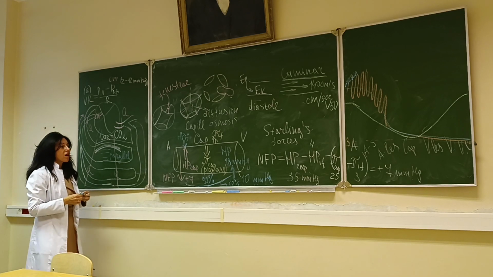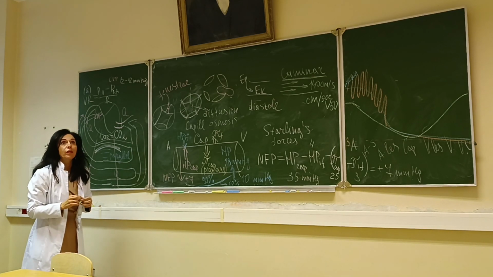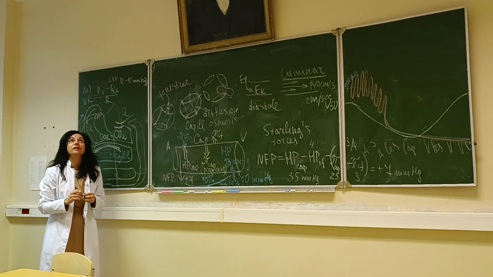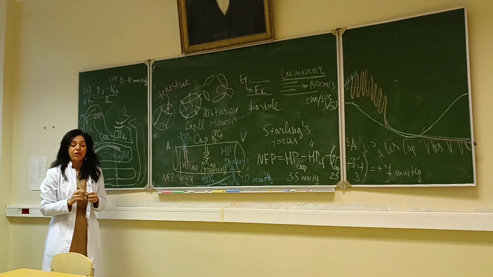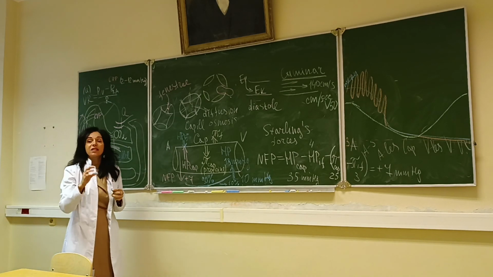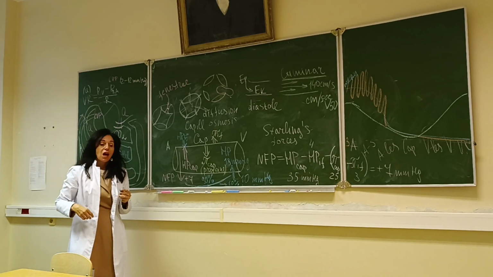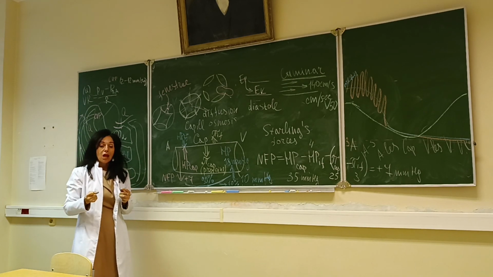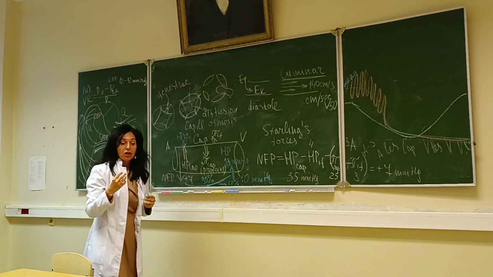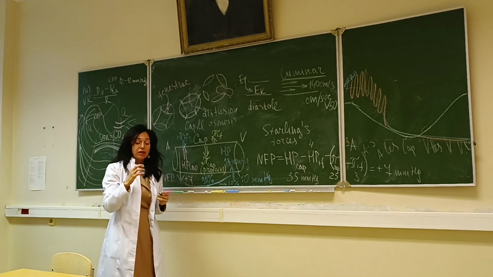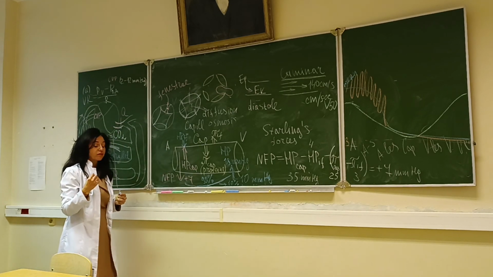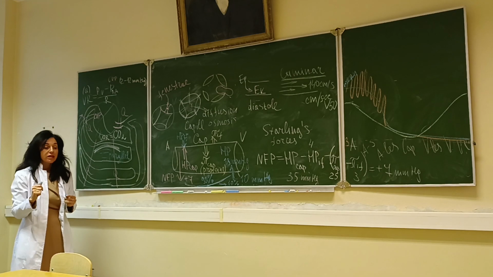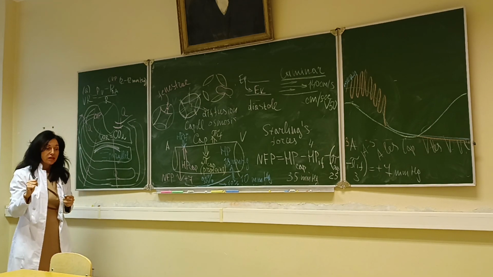Second case, for example, heart failure. Cardiac output falls, and the blood pressure control mechanisms turn on, first the fast ones and then the slower mechanism, the renin-angiotensin system.